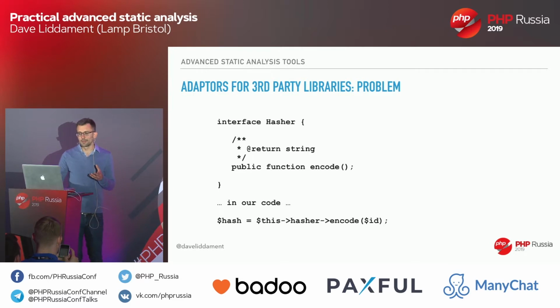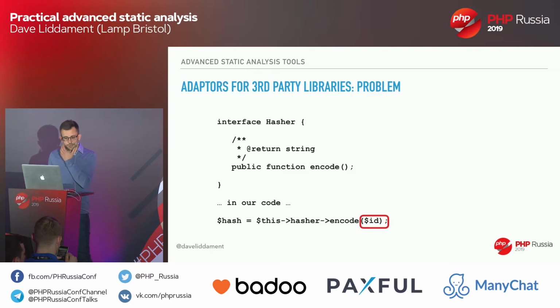Another problem we had in the code was sometimes when you're integrating with third-party libraries, especially if they're a bit old or they're written in such a way where they're not set up that well for static analysis. So I was using this third-party hasher library, and you could give it anything to the encode method, and it would return a hash.